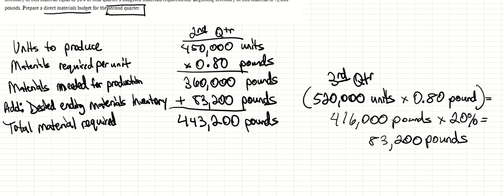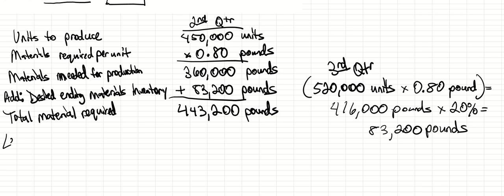This means they're going to subtract from the total materials required of 443,200 pounds what's already included in the beginning materials inventory.